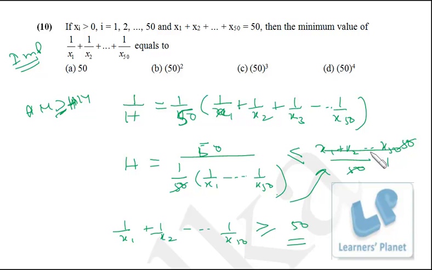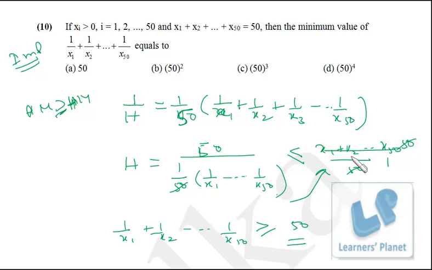The arithmetic mean of x1, x2 till x50 is x1 plus x2 till x50 divided by 50. Now x1 plus x2 till x50 is given to us as 50, so I put 50 over here, and 50 and 50 cancel. So 50 upon (1 upon x1 plus ... ) is less than or equal to 1.